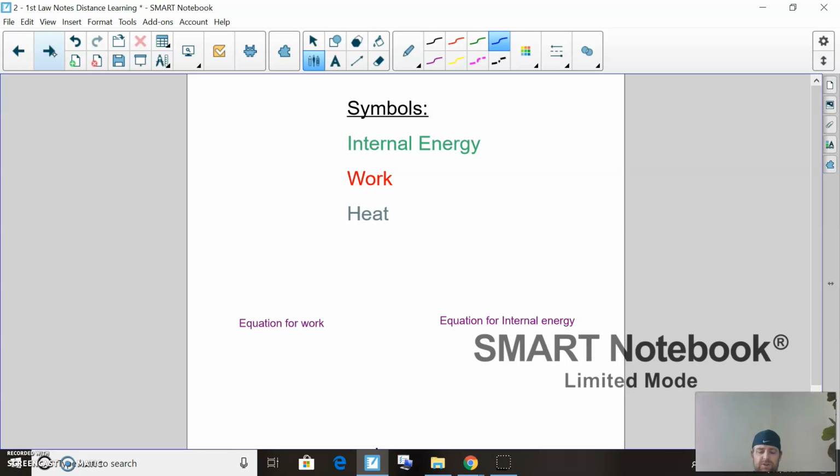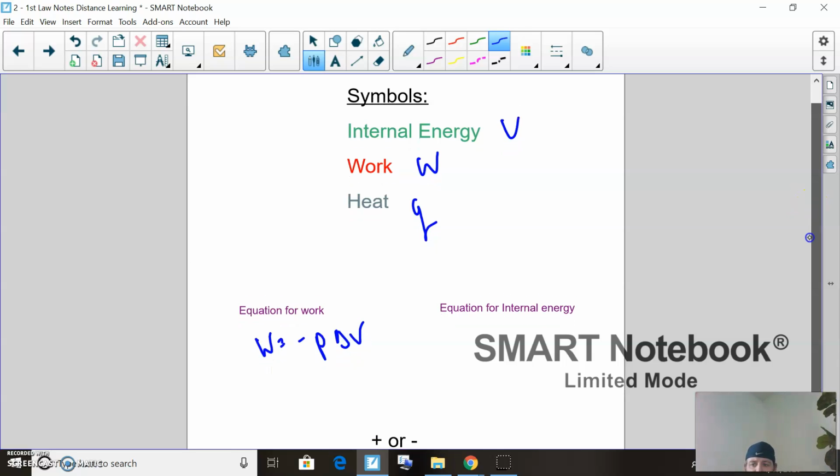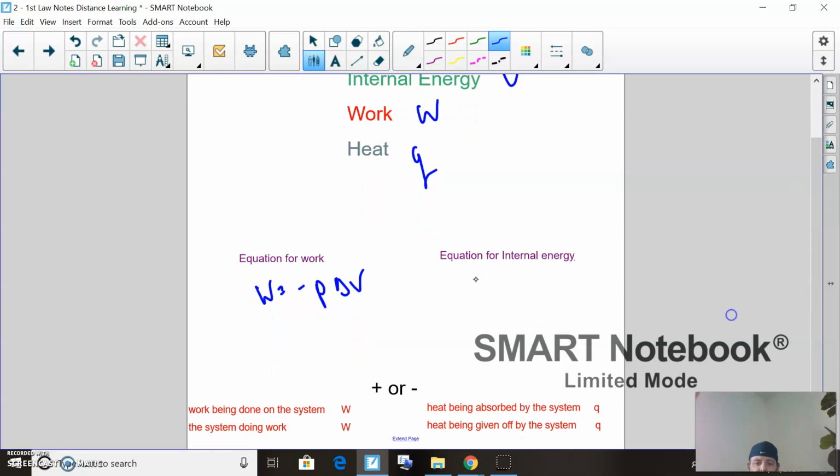Just for our purposes, internal energy is U, work is W, heat is Q. Just a summary: the equation for work is equal to negative P delta V. The equation for internal energy is delta U equals Q plus W. So ultimately you can say delta U is equal to Q plus negative P delta V. Remember, this is for a closed system.